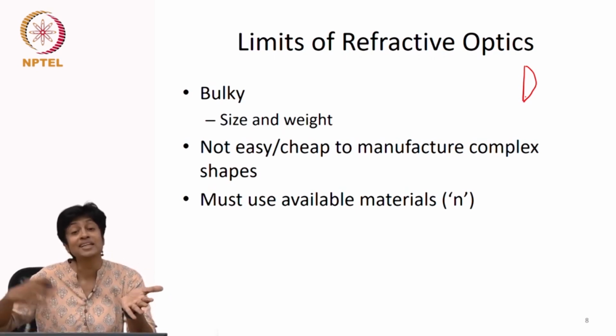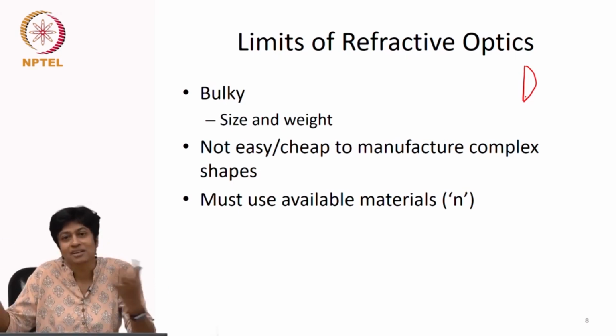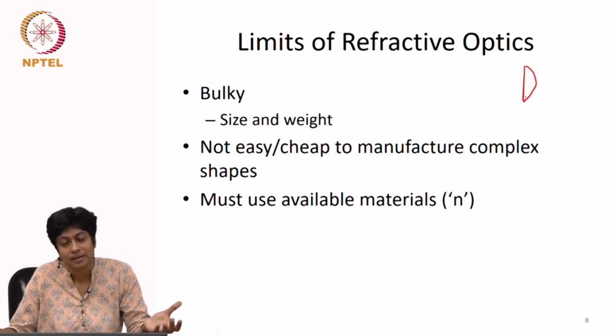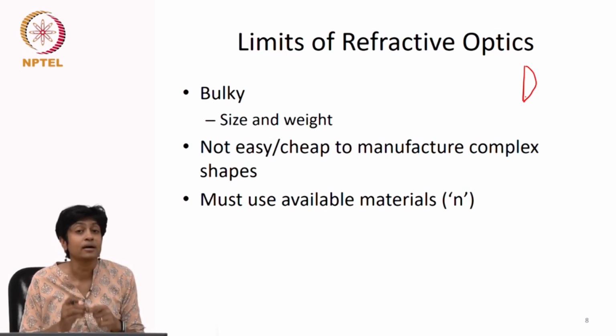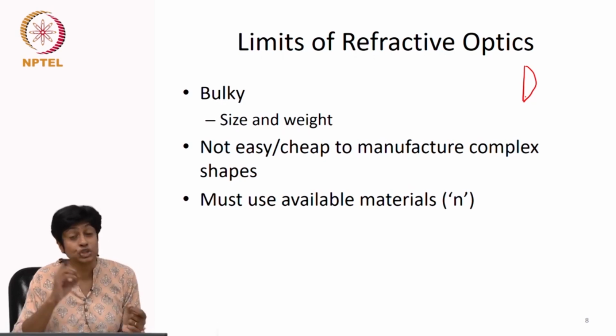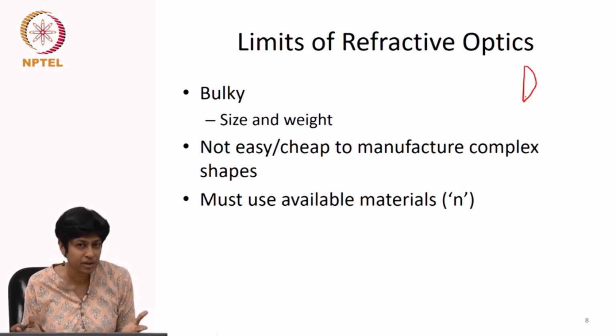Because I want to create a phase distribution or an intensity distribution that is not just simple focusing, but creates some exotic pattern. It becomes very hard to do that with refractive optics. And again, for refractive optics, I need to pick a certain thickness or shape and refractive index. And we don't have a lot of different materials we can use for refractive optics.